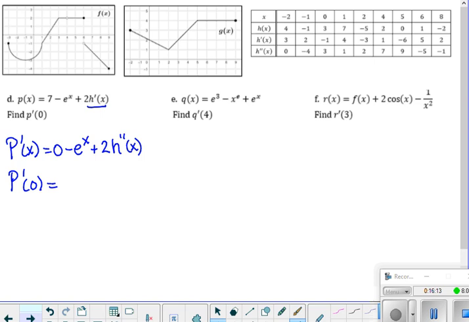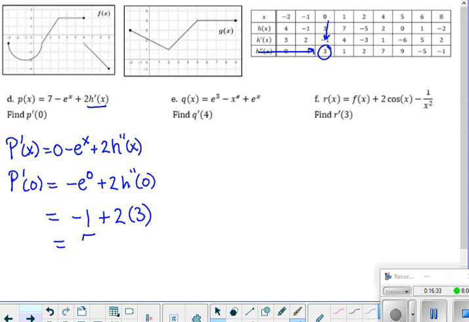That's going to give me negative e to the 0 plus 2h double prime of 0, using the table. H double prime, right, lands us at 3. I get negative 1 plus 2 times 3, which is 6. That gets me a 5. P prime of 0 is 5.